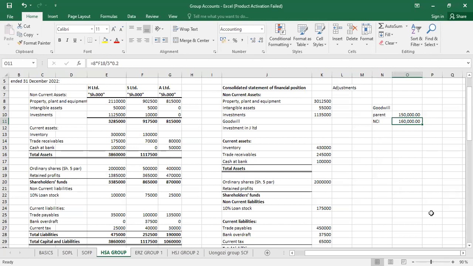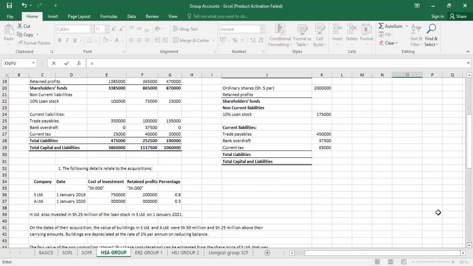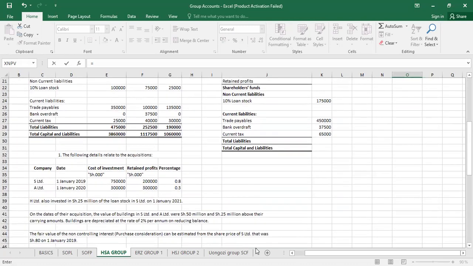Then we'll go for now to A Limited. So goodwill for A Limited equals. A Limited is an associate company, so it will be just the cost of investment minus, so this is the cost of investment. You less, so it acquired only 0.3.